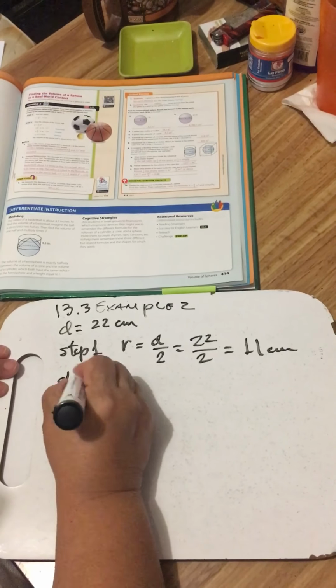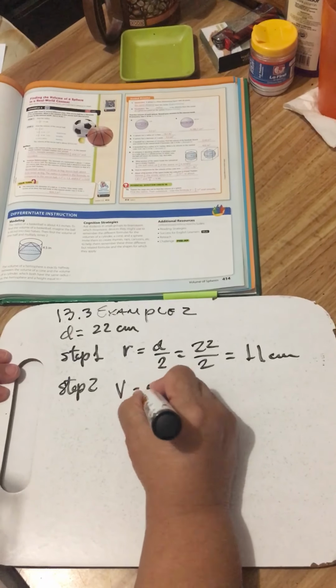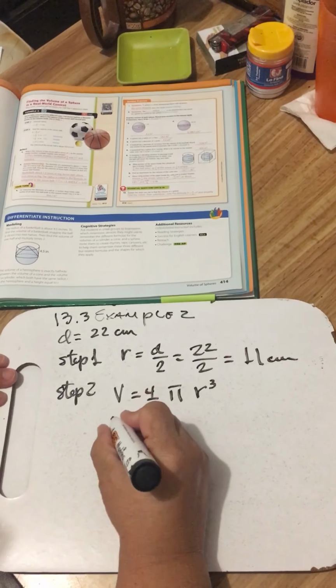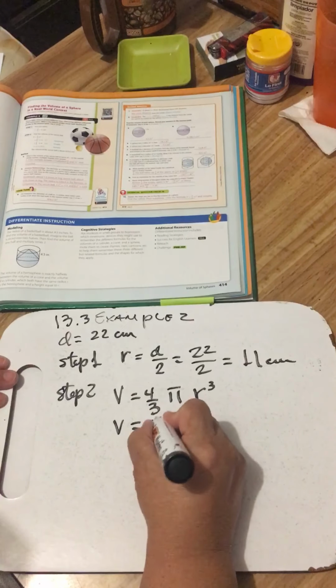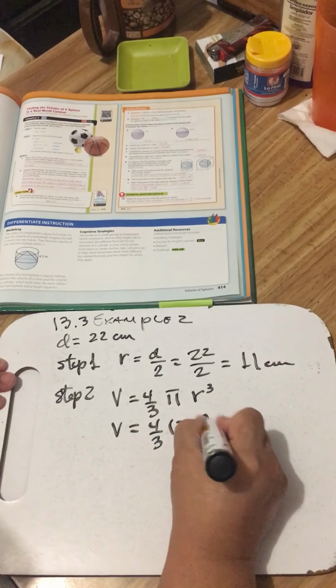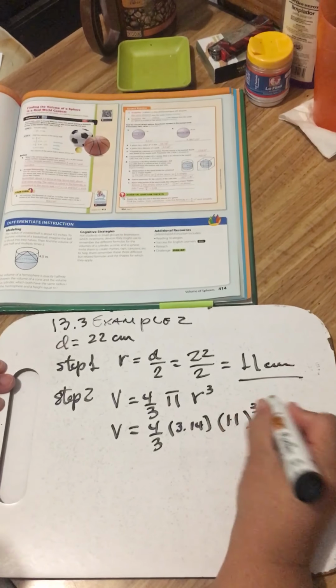Then step 2, we substitute in the formula. Volume is 4/3 pi r cubed. Now substitute the values: 4/3 times pi, remember, is 3.14, and the radius we found is 11 cubed.